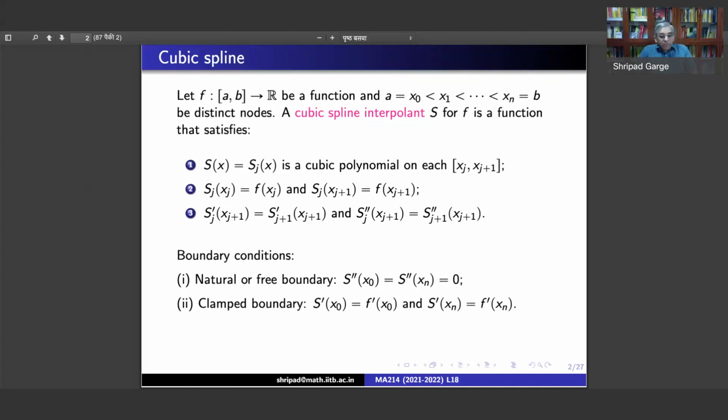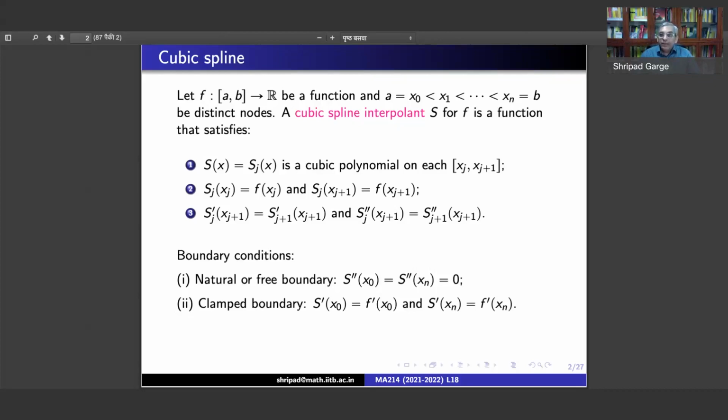And one point here is that often we will not have the finer derivative property for the points which are inside. We will put some boundary conditions. One of the boundary conditions which is very natural, and that's why it's called a natural boundary condition, is that the double derivative at both the endpoints is 0.